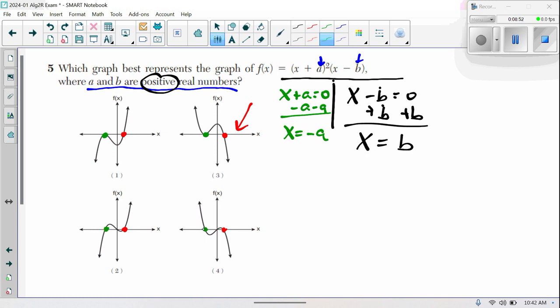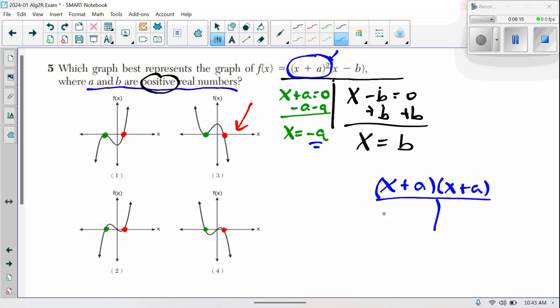The problem is, and I want you to pay attention to this more specifically, this one is squared. Anytime it is a multiplicity, technically I have two x plus a's. (x plus a) squared is this. So if I were to solve that, I really have two answers where x is negative a. I have one b, but I have two negative a's.